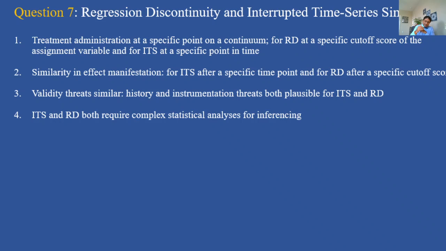Whereas on a regression discontinuity, it is a regression line on which after the cutoff value, you usually see the effect of the treatment. Third, threats to validity are similar. These are history and instrumentation. Fourth is regarding complexity of statistical analysis. So both these designs require complex statistical analysis or modeling.